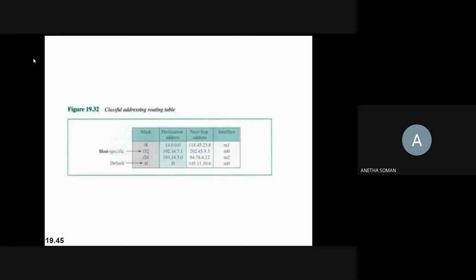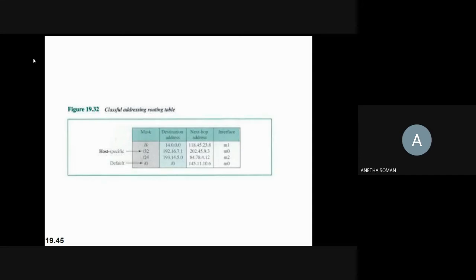I told you in the previous classes, whenever you consider a router, you will have some data in it, in the form of a table called the routing table, with specific columns specifying the mask value, hop address, destination address, etc. So in classful addressing, if a packet arrives, it will apply the mask to find the network address, and based on that, the packet is delivered to the respective host.